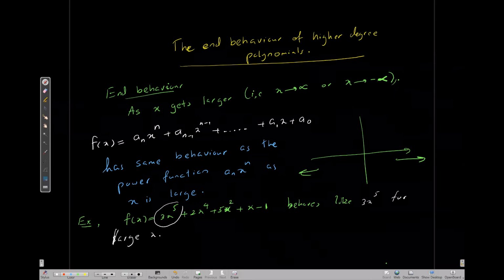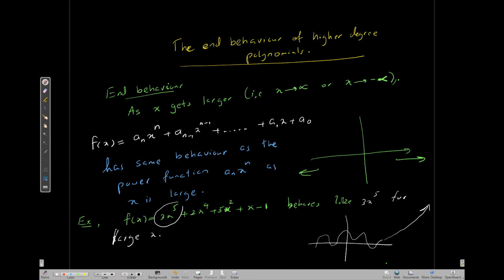Remember we learned how to find zeros, multiplicities of zeros, y-intercept, x-intercept, and I'm not going to do that here. Assuming you have all those things, when x is going to infinity, the behavior is the same as the first term, the highest power term.